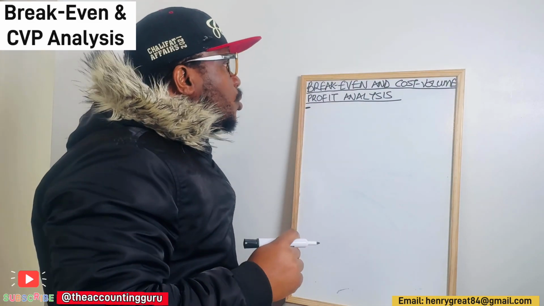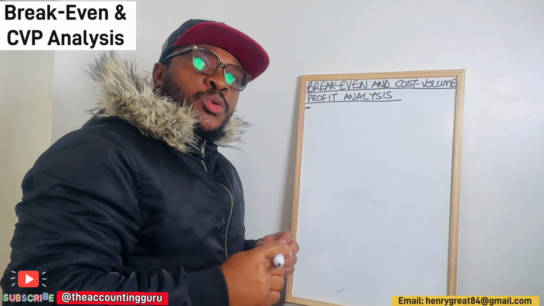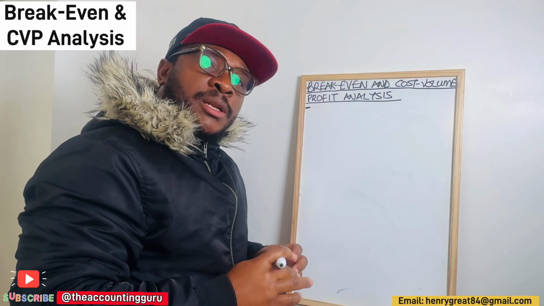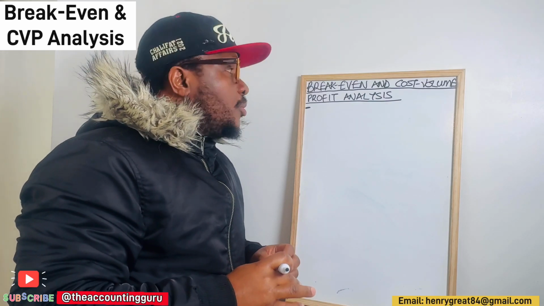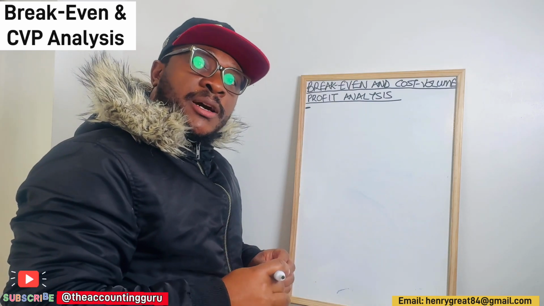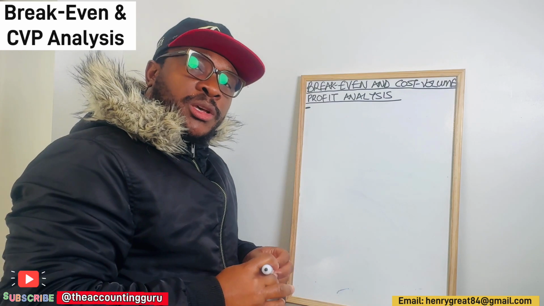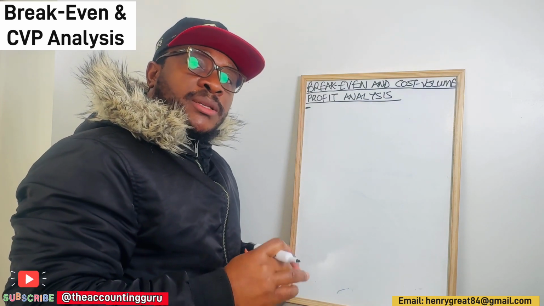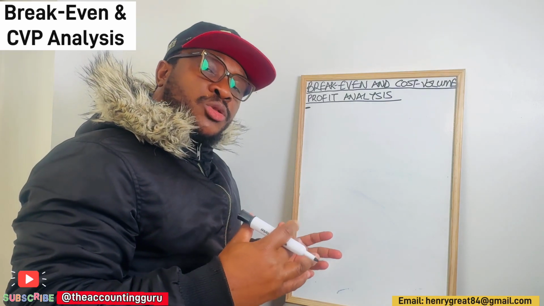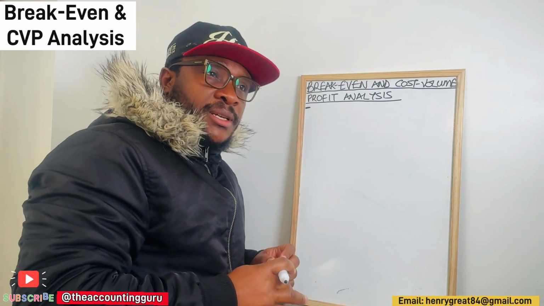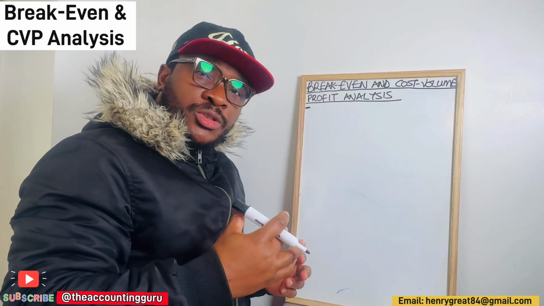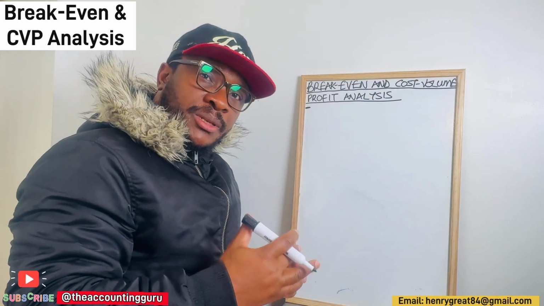Okay, so in this video we want to continue from where we stopped the last time. The last time, we looked at the relationship between units sold and variable cost. In that video we said that variable cost is dependent on units sold, which means that the more units we sell, the more variable cost we incur in the business.